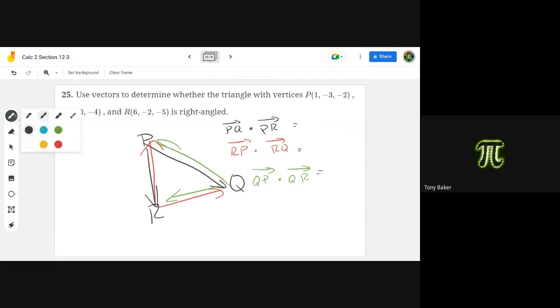Now, the nice thing is, for example, those two, all it is is the signs are changed. So when you find one, you can just reverse the signs to find the other one.